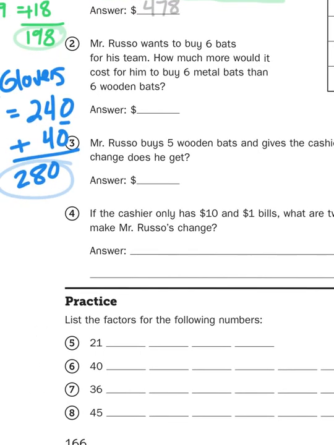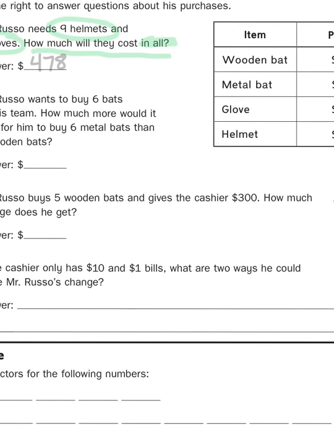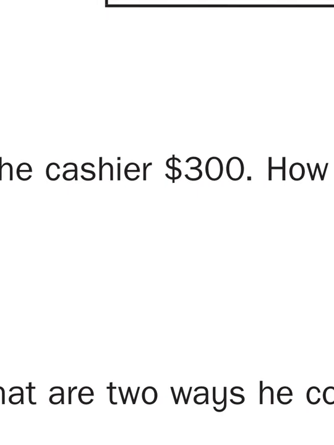Now I have to subtract that amount from 300. Oh, that's going to involve some regrouping, I can tell, because I have some zeros. So imagine 3 crisp $100 bills, and the total cost is $245.